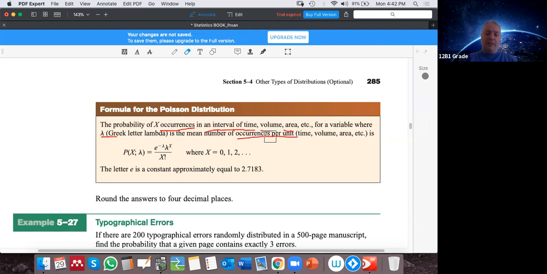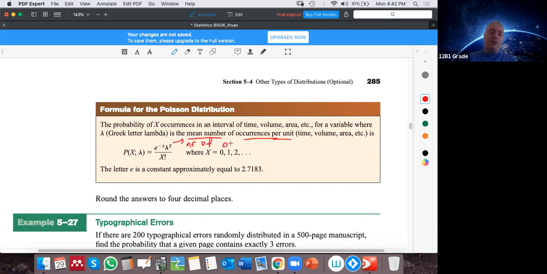So be careful now. What does lambda mean? The mean number of occurrences per unit, like a mean. And then the formula, Poisson distribution of x semicolon lambda, is e to the power of negative lambda times lambda to the power of x, over x factorial. One more time, what is x?